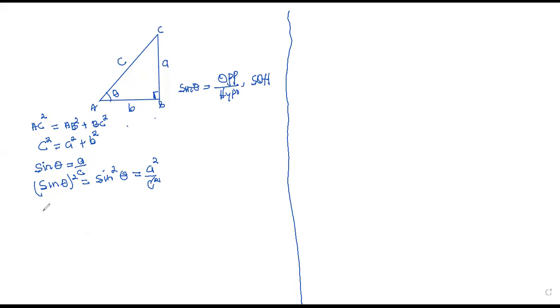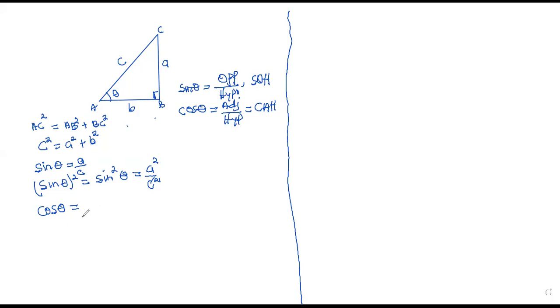Help me determine cos theta. Yes, can anybody help? Cos theta. B over C. Cos is adjacent over hypotenuse.